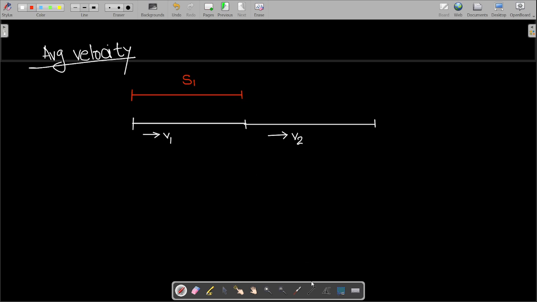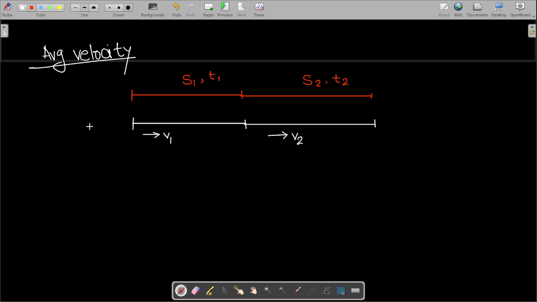And during the second half, let us suppose I covered a distance of s2. To cover this distance, let the time taken be t1, and here the time taken be t2. Okay, clear up to here?